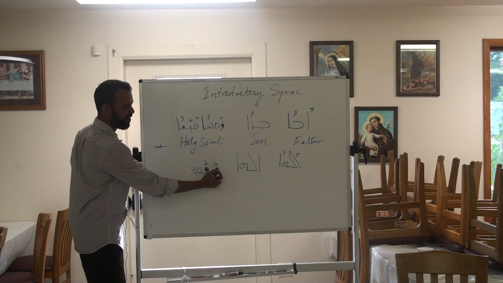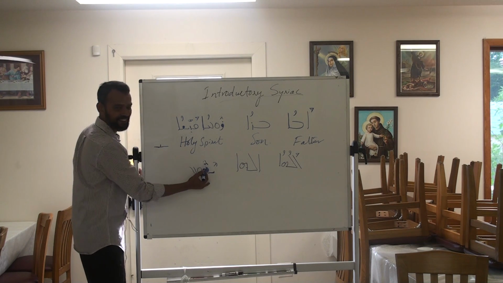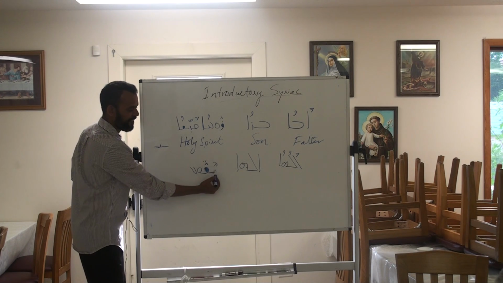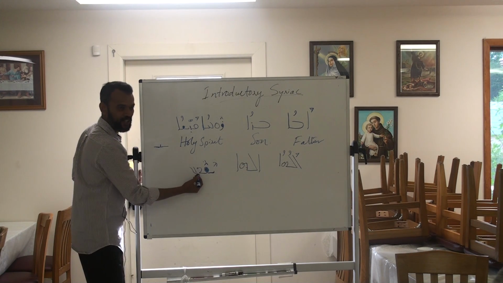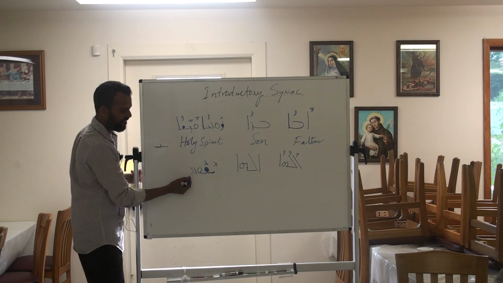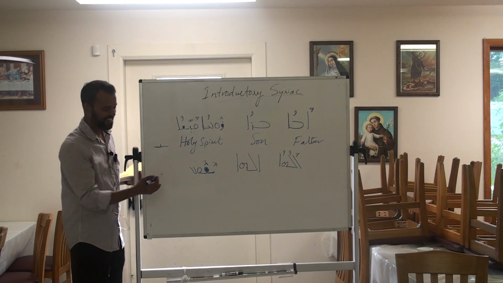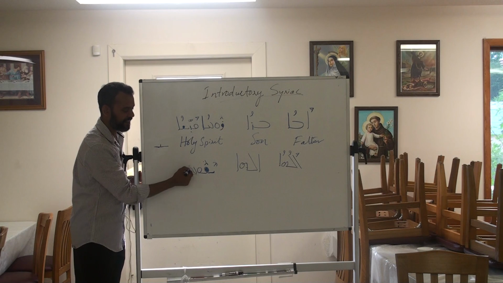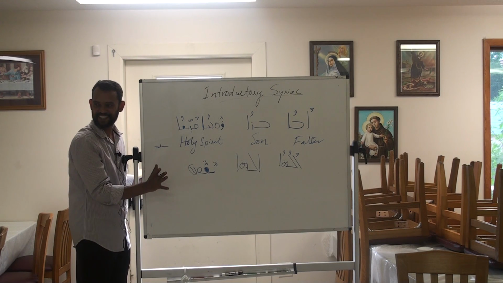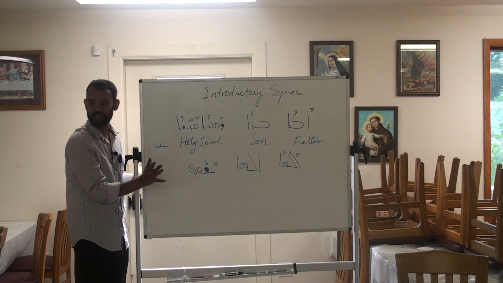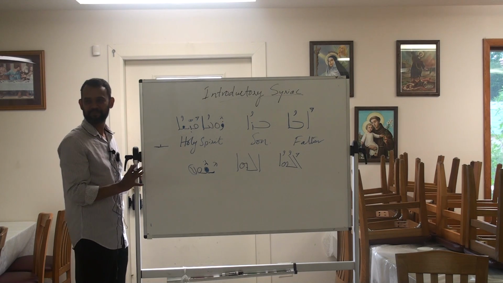So, and what sound is this vowel? A. U. So, Ye, Yeshu. So, Yeshua. But here this sound is silent. Yeshu. Yeshu.